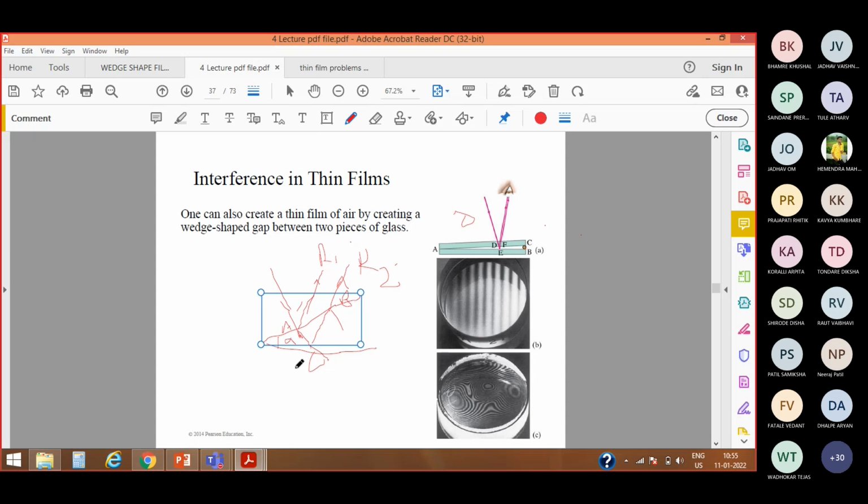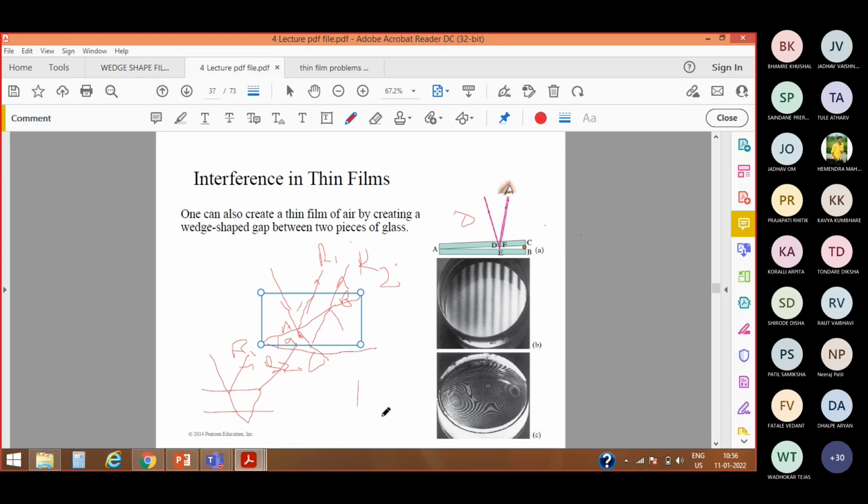But in our earlier derivation, in case of thin films, the light rays R1 and R2 are parallel. Okay. In case of thin films, all the R1 and R2 are parallel. This is R2 and this is your R1. So both light rays are parallel in case of thin films, but here both light rays are not parallel.